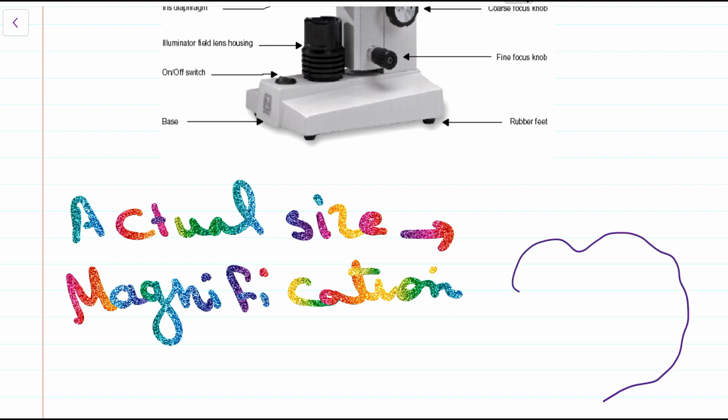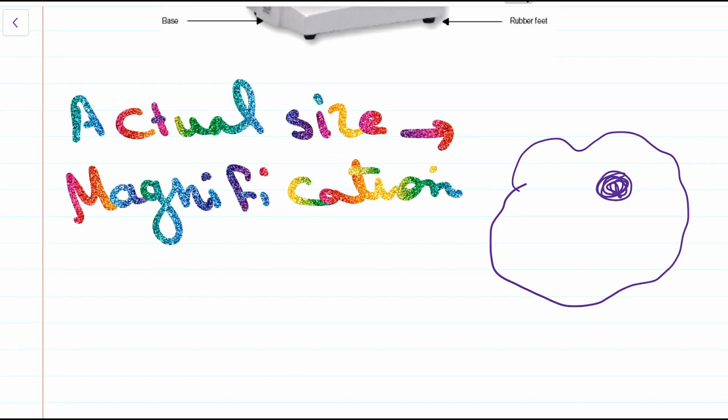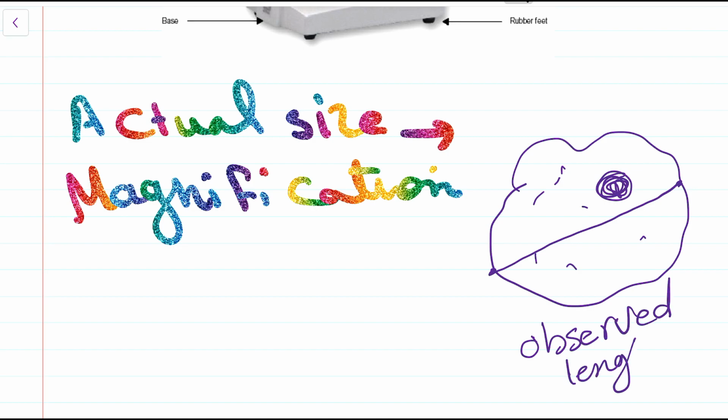So if I see the animal cell and I'm trying to draw it, I'll draw it at the same size as this diagram. Okay, so from this point to this point, I have the length of this animal cell, which is magnified, and this is called the observed length.